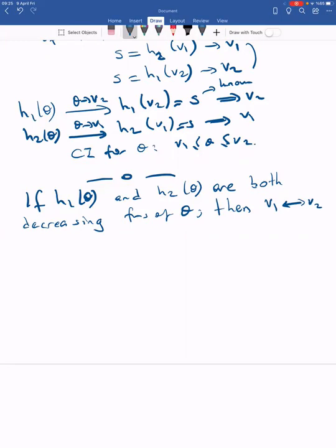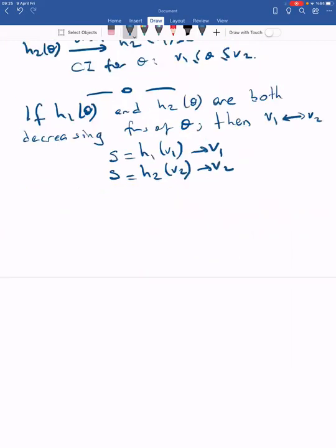So we will get S equals h1(v1). So the lower bound for theta can be obtained from the lower bound for S. Okay, we get v1, and S equals h2(v2) gives the upper bound. So from the upper bound you get the upper bound, and from the lower bound you get the lower bound.